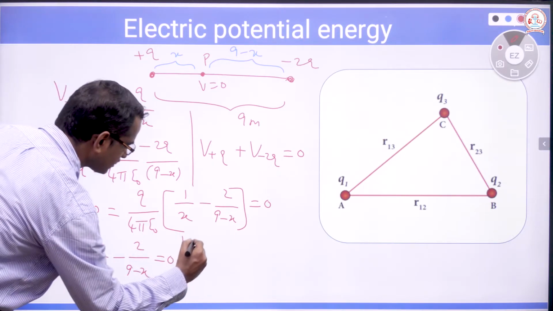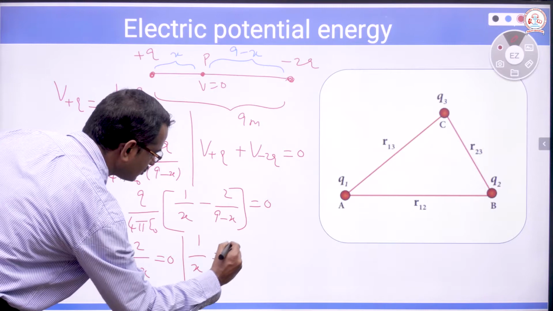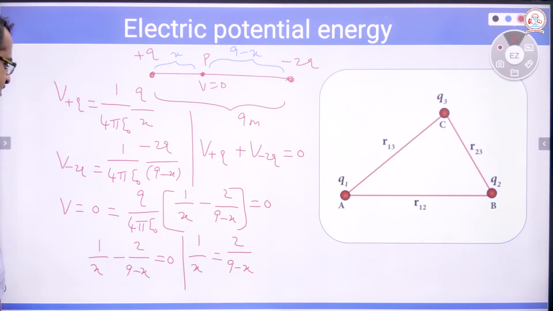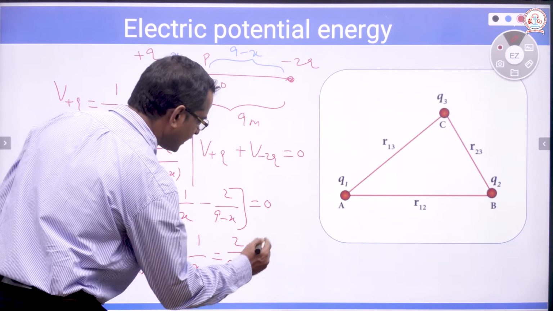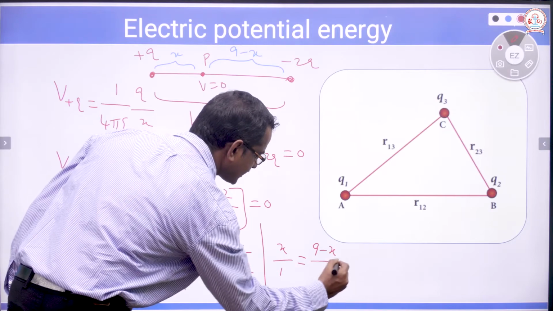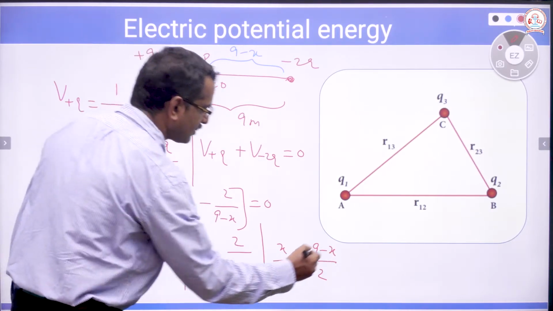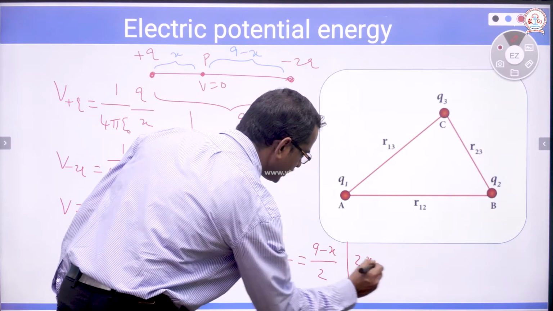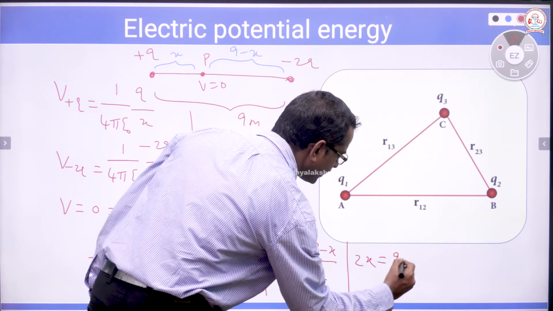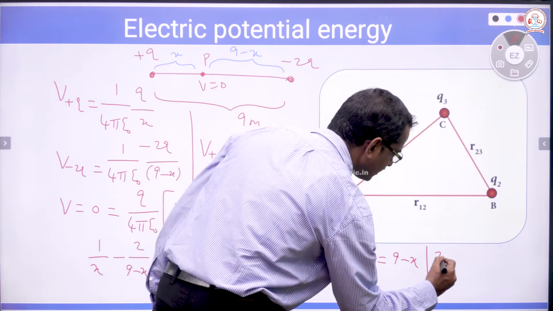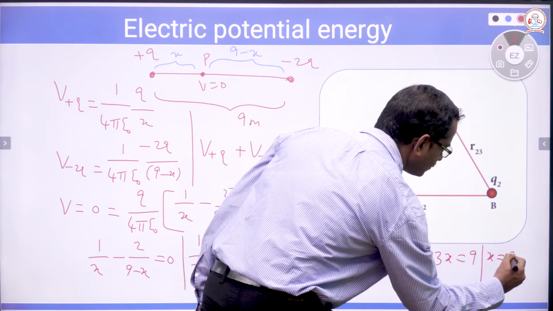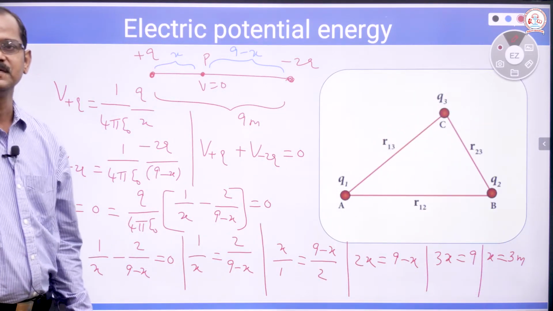From this we can write 1 divided by x is equal to 2 divided by 9 minus x, which can be written as x divided by 1 is equal to 9 minus x divided by 2, so 2x is equal to 9 minus x, or 3x is equal to 9, or x is equal to 9 by 3, which is equal to 3 meters.